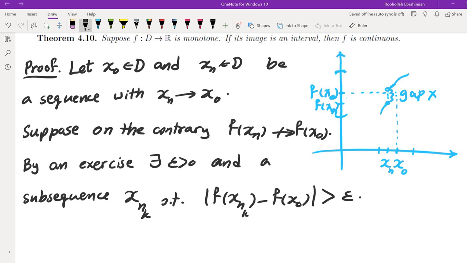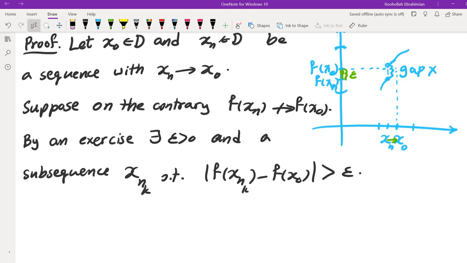So the distance between these two is large, at least epsilon. And then we're going to show that, since the xn's approach x0, this gap is never going to be filled. That's the idea.